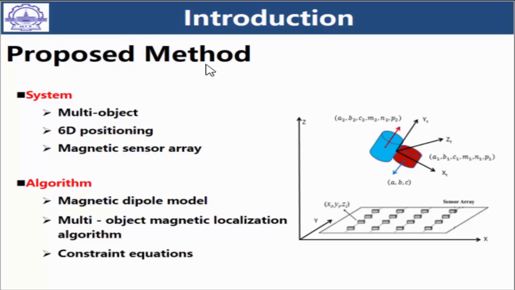So our proposed method is to achieve the 6D position and orientation information, that is the 3D position and 3D orientation. In the proposed method, we use two magnets with opposite magnetic moment directions and embedded together.